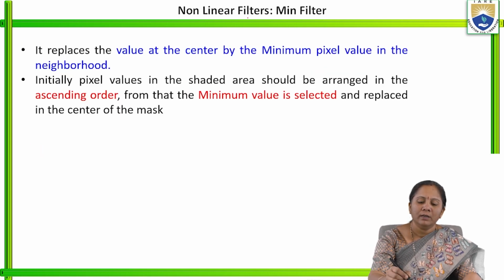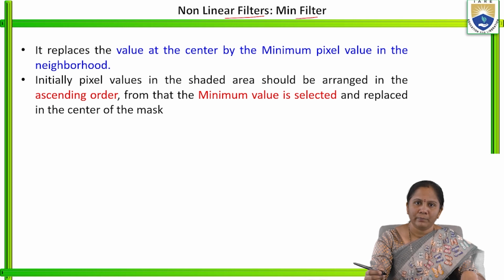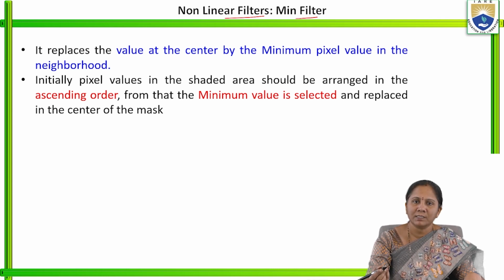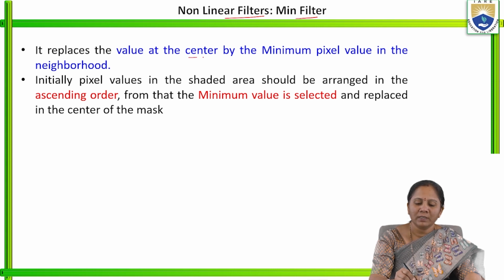And next type under this non-linear filters are minimum filter. So here what value we are replacing as the center pixel means the minimum value among all the values in the neighborhood will be replaced as the center pixel value. So it is going to replace the value at the center by minimum pixel value in the neighborhood.